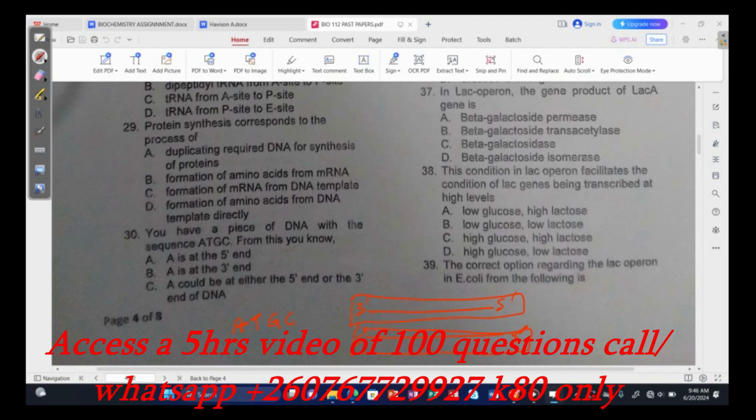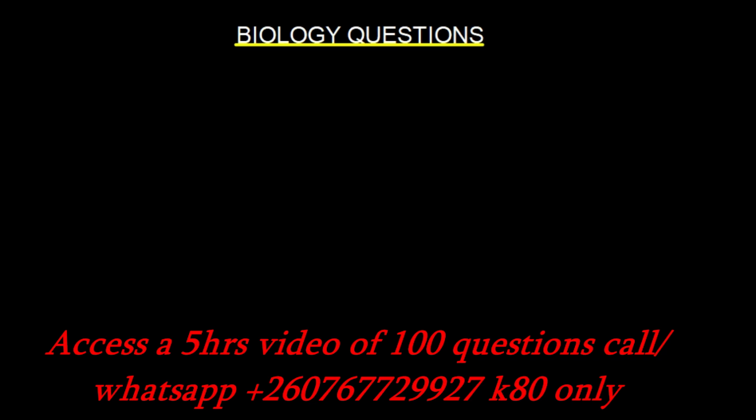So we can't really tell that this is going to be the 3' end. What if this DNA was extracted from this strand? It means that this will be the 3' end or 5' end. So the correct answer here has to be option C, which is saying A could either be at the 5' end or at the 3' end, because DNA is a double-stranded molecule. So that has to be the answer with that regard.